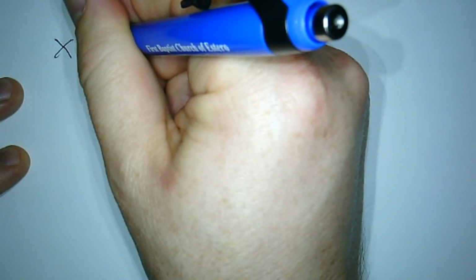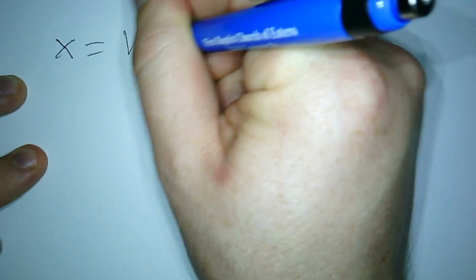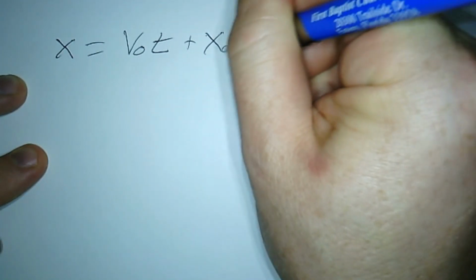So now the big change we need to make from here is that all of our linear kinematics equations have a rotational equivalent. So if we start with the basics, we can say position is equal to constant velocity times time, plus your starting position.